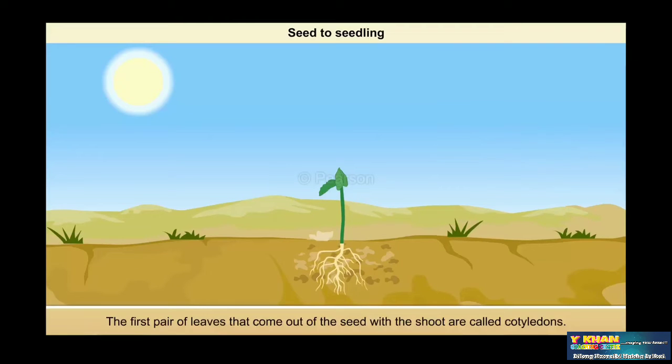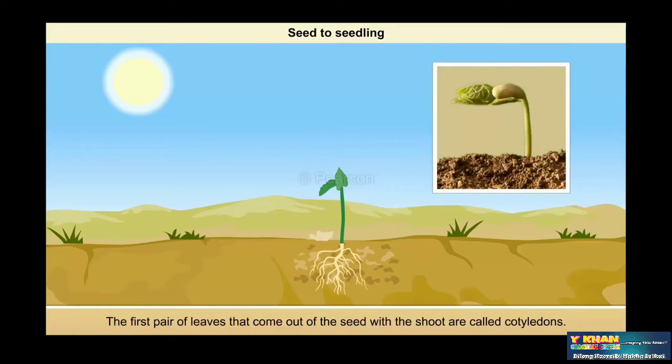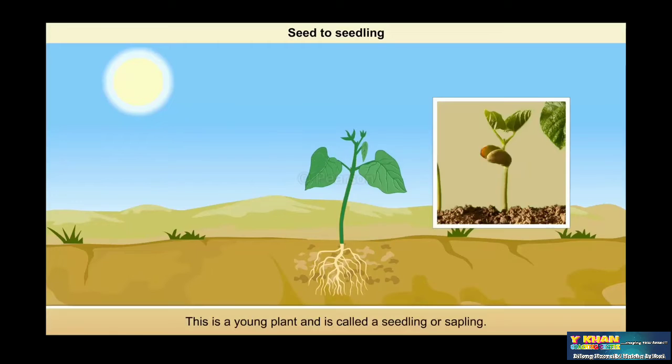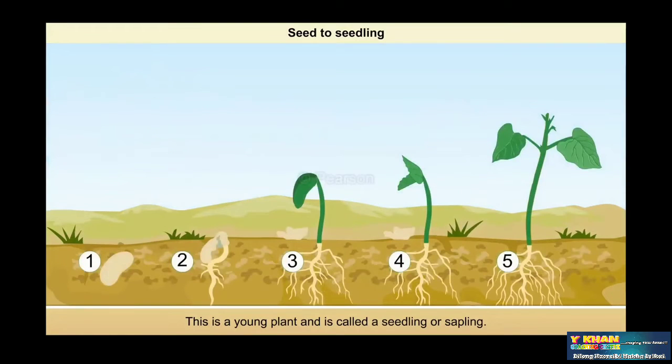The first pair of leaves that come out of the seed with the shoot are called cotyledons. The root grows longer. The shoot becomes green and sprouts more leaves. This is a young plant and is called a seedling or sapling. For all these stages of germination, essential conditions or factors are required.